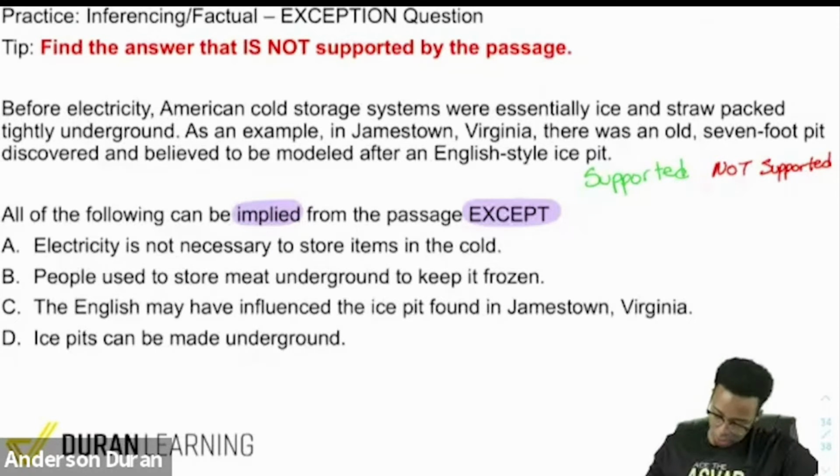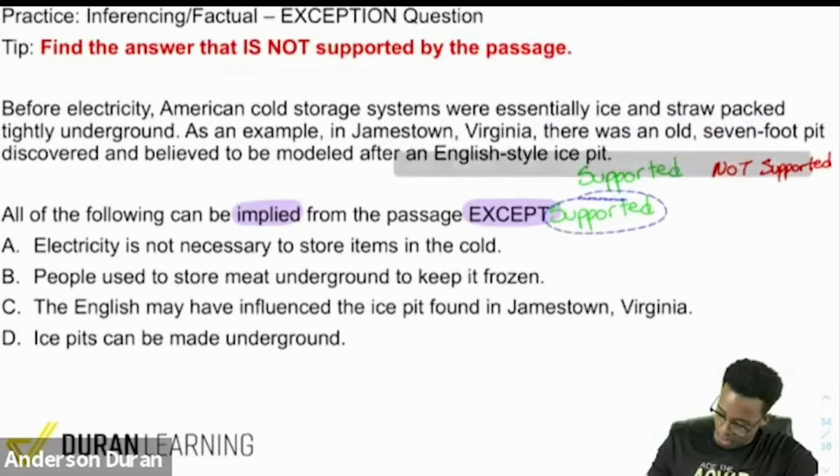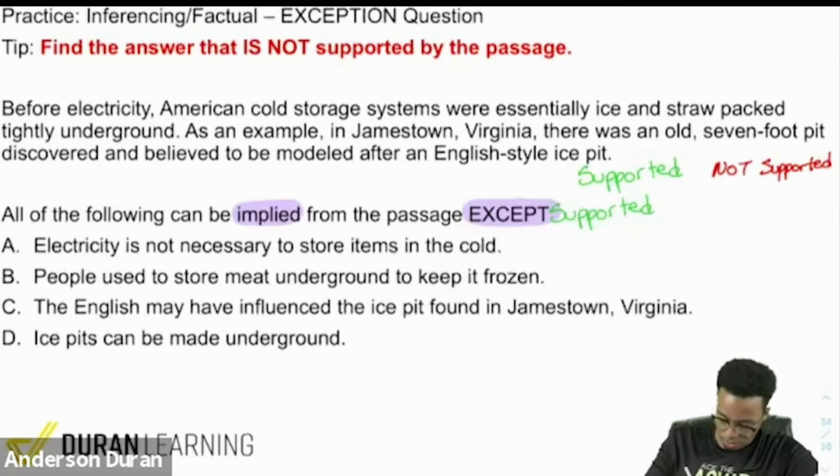Yeah, because you see here, as an example, there was an old 7-foot pit discovered and believed to be modeled after an English-style ice pit before electricity. Before electricity, American cold storage systems were essentially ice and straw packed tightly underground. There you go. That's how they kept things cold. That's how they did it. Without electricity, would I do those things? Only if I had to. So that is supported, and we're going to go ahead and cross that out. Supported. So that makes A incorrect.